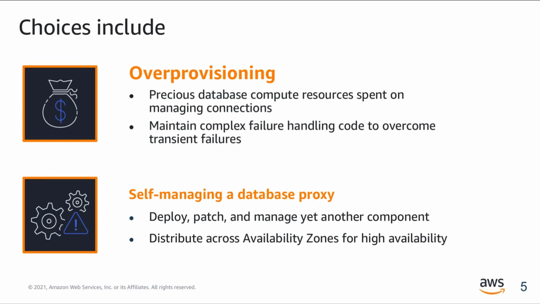The other option is to self-manage a database proxy solution on a service like EC2. Running a self-managed proxy solution comes at a cost of deploying and maintaining it. It becomes yet another component in your application architecture that you have to take care of. And also, it's an entry point to your database, so you need to make sure it is highly available and able to handle failures.